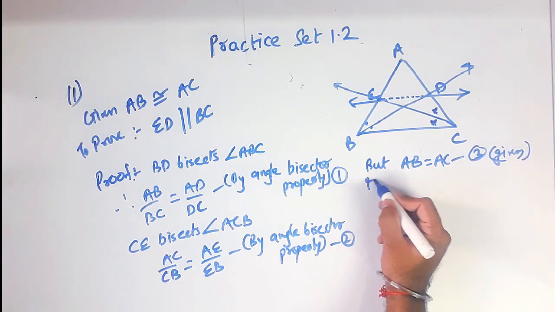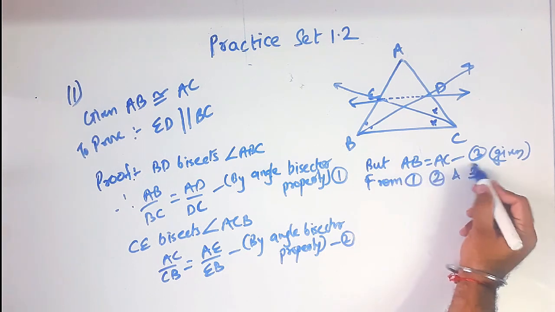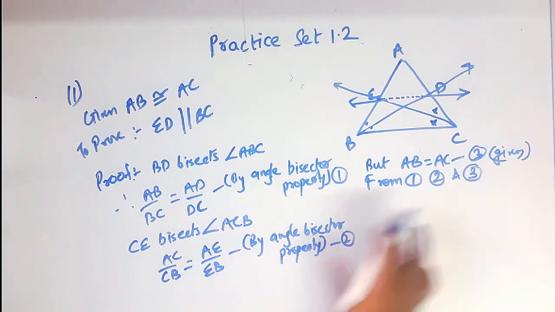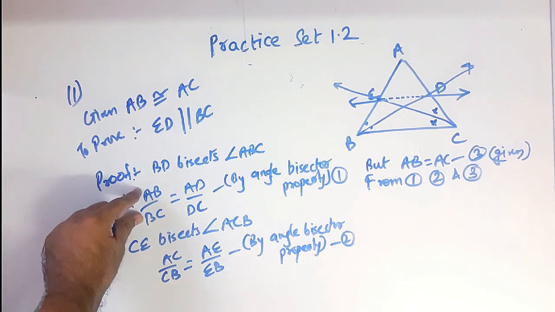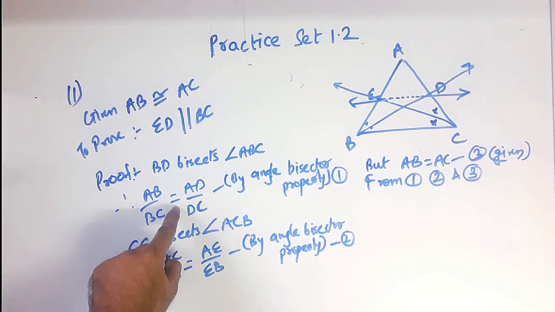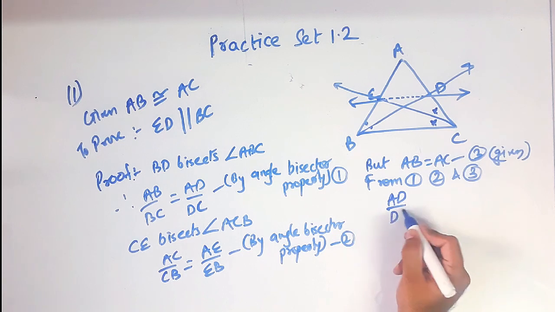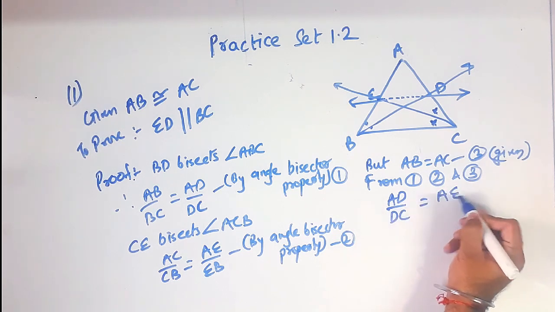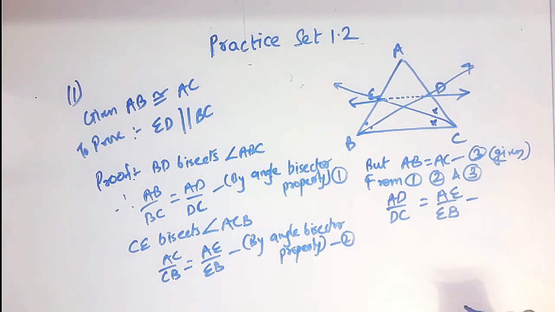From 1, 2 and 3, if you observe correctly, LHS becomes the same. This is AB upon BC, and this is also AB upon BC because AB and AC are equal. So therefore RHS becomes equal: AD upon DC equals AE upon EB.